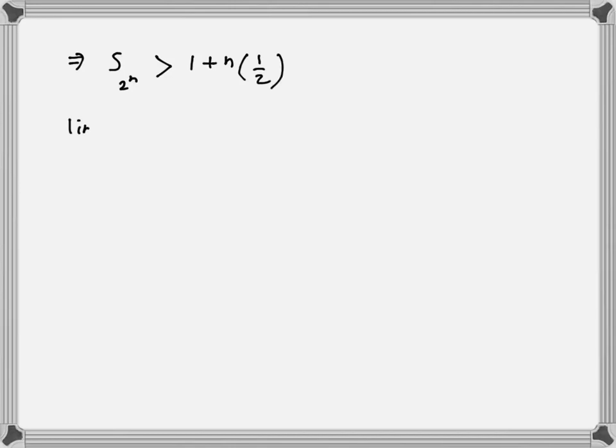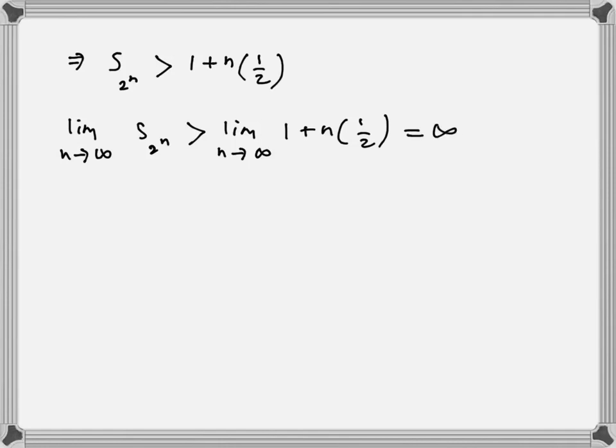So what would the limit as n goes to infinity of this be? Well, it's certainly going to be larger than the limit as n goes to infinity of 1 plus n times a half, which is infinity. In other words, these grow without bound.